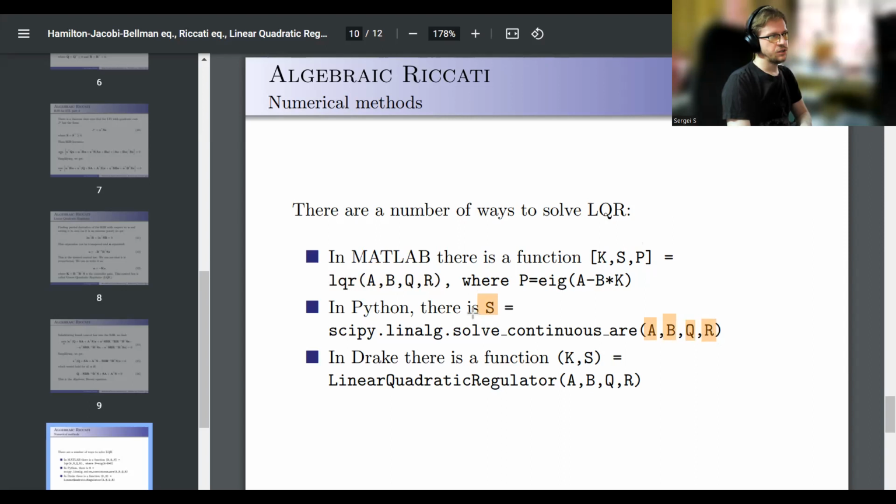This is the quadratic form of the optimal control cost. Notice that you have to substitute it yourself into K to get your K: you have to do R inverse times B transpose times S. So in Python, you don't get K, you get S. So you have to find K yourself. It's trivial, just remember to do it.